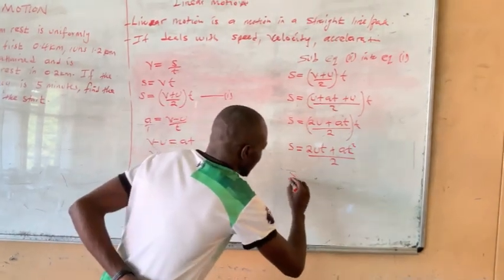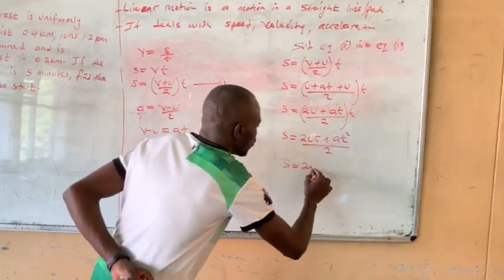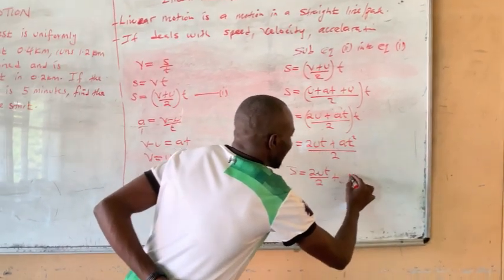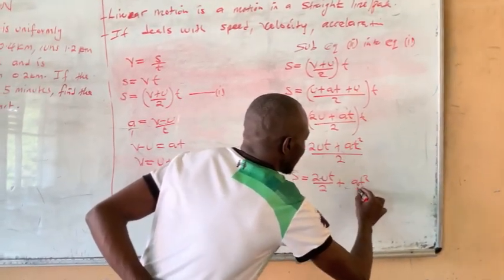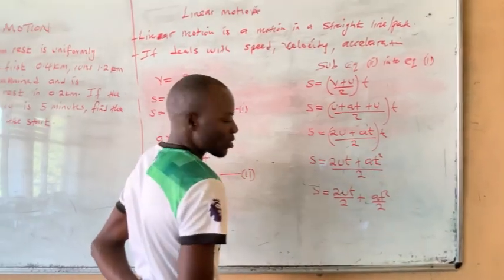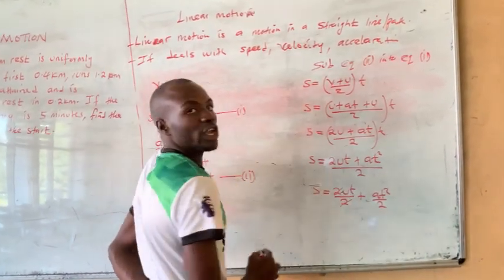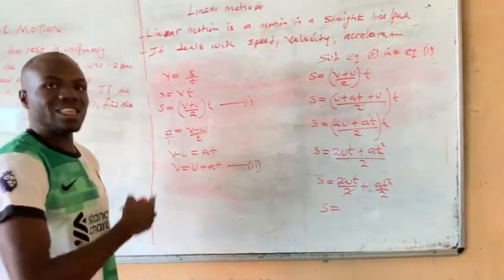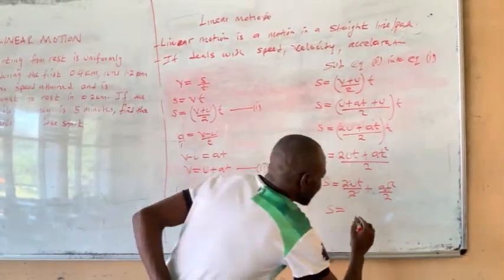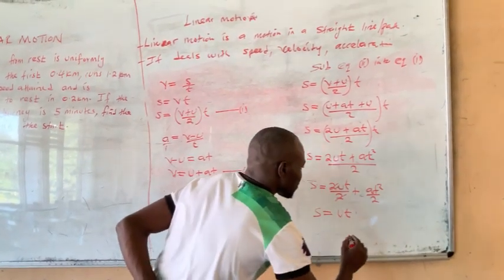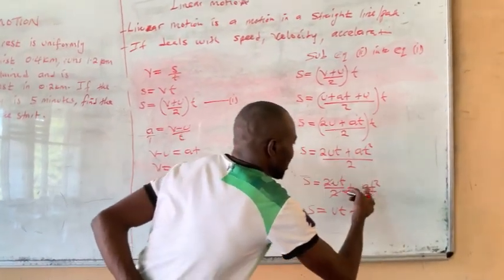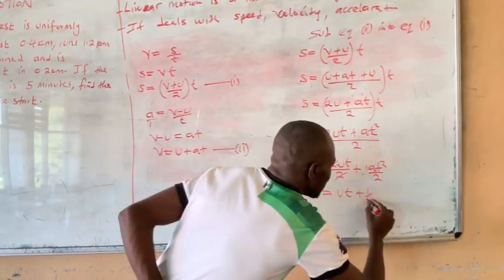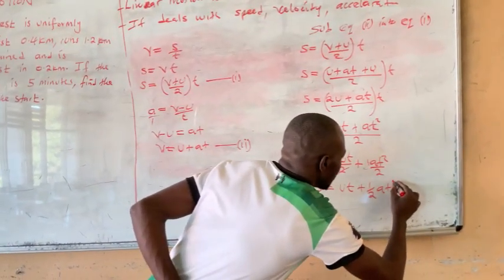So s is equal to 2ut over 2 plus at squared over 2, and these 2s can cancel. So s, which we call the displacement, is equal to ut plus, of course here if you want there is 1 there, 1 over 2 at squared.